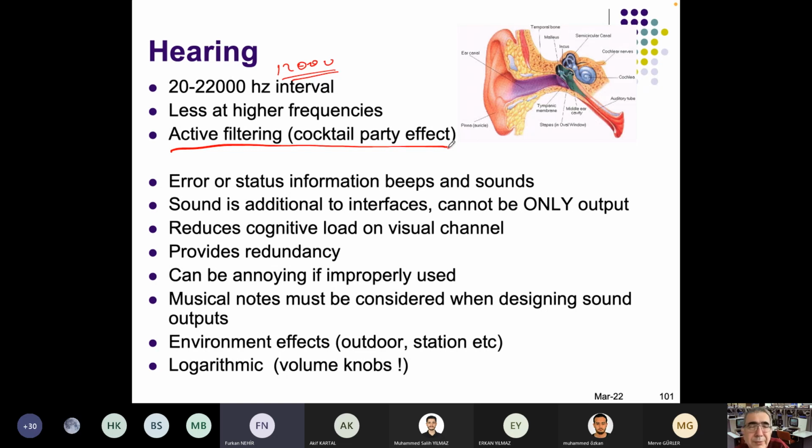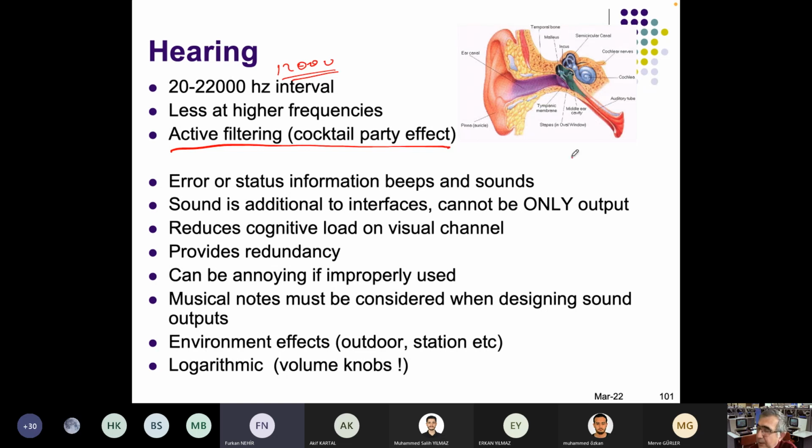When you have multiple microphones, you can orient yourself so that you only pick up sound coming from one direction. If the person is talking from one direction, you can suppress the other sound coming from other directions.